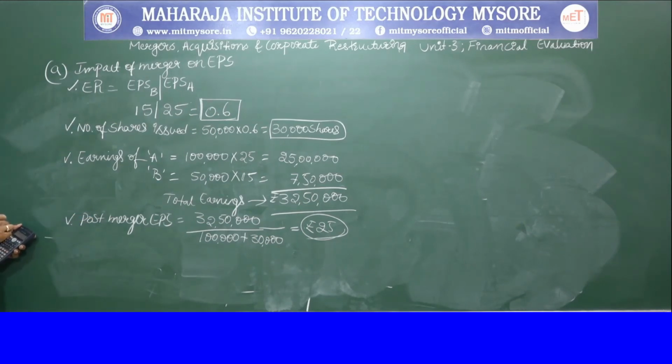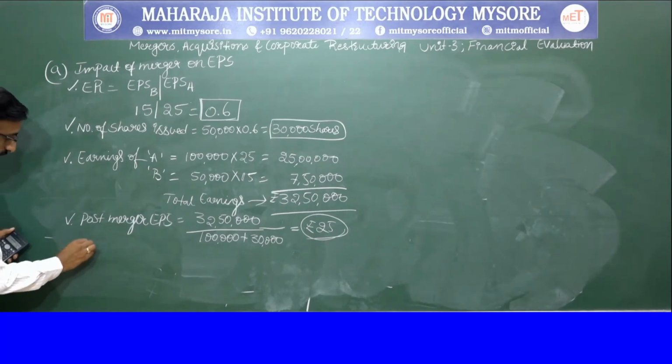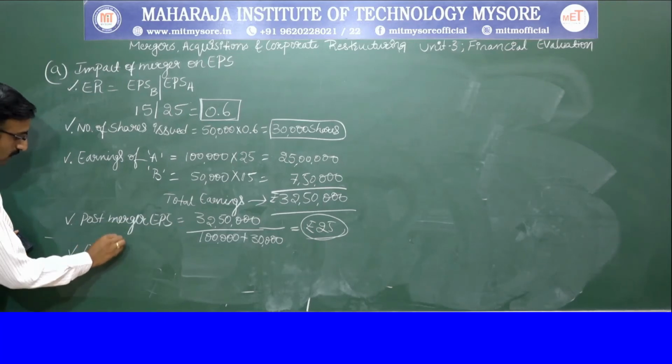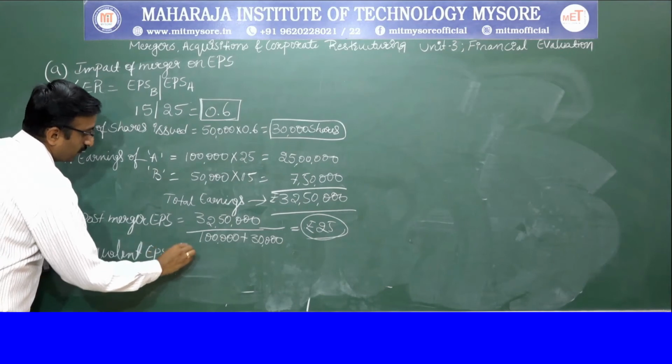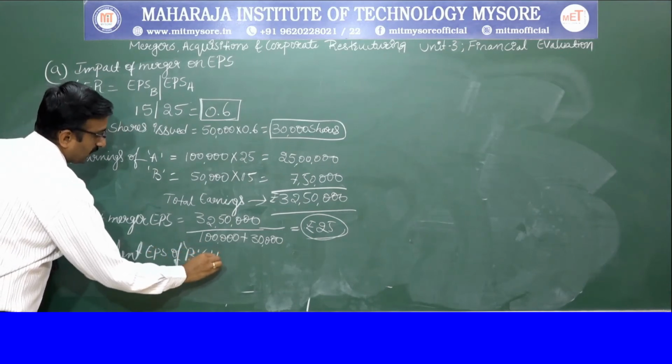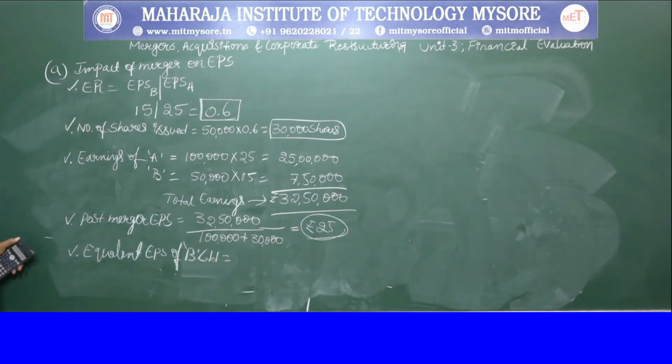Okay. So then let us continue to know whether there is a change in EPS of both A Limited and B Limited. Let us find out the equivalent EPS of the seller company, B Limited here. What is the formula we use?